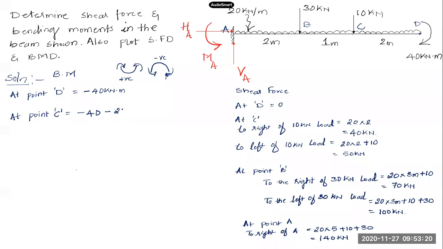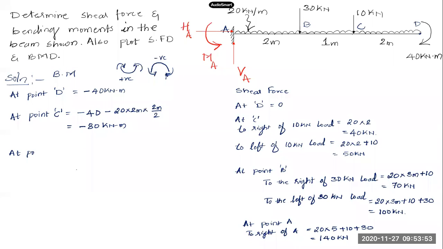So minus 20 is the intensity of UDL, its length is 2 meters, and it acts at a distance of 2 by 2, exactly at the center of this portion of UDL. So 20 into 2 into 2 by 2. This will be the bending moment at point C. 2 gone, 40, 40 minus 80 kilonewton meter.